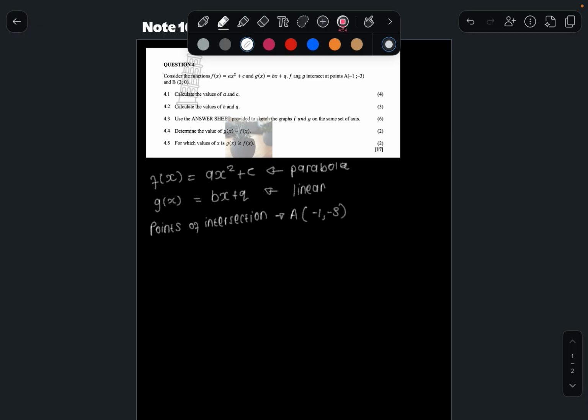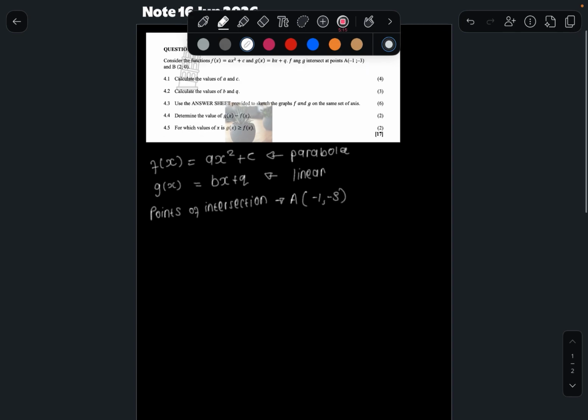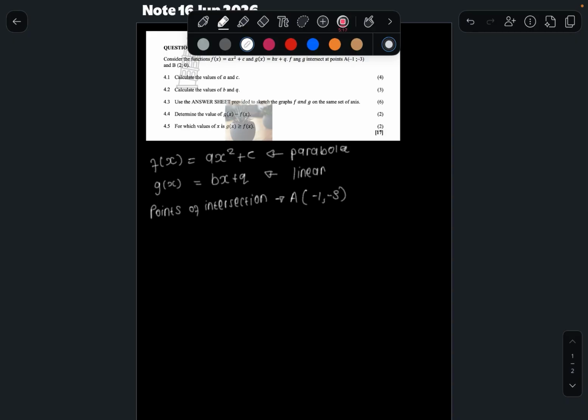So what's the point of intersection? The point of intersection is where both graphs meet, right? They share a point there. They cross paths there. They literally meet each other there. That's a point of intersection. They have the same point there, right? They intersect there.